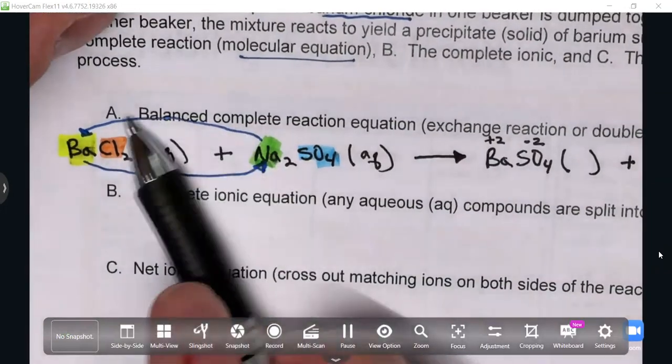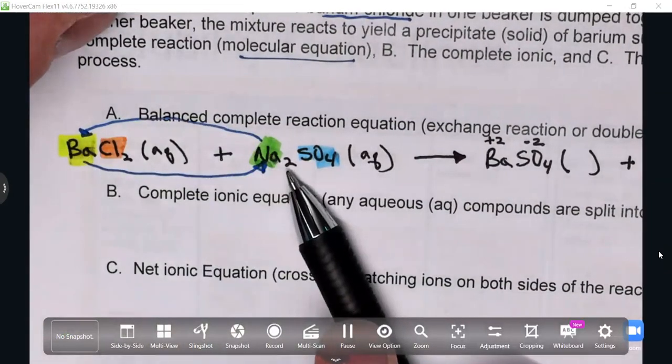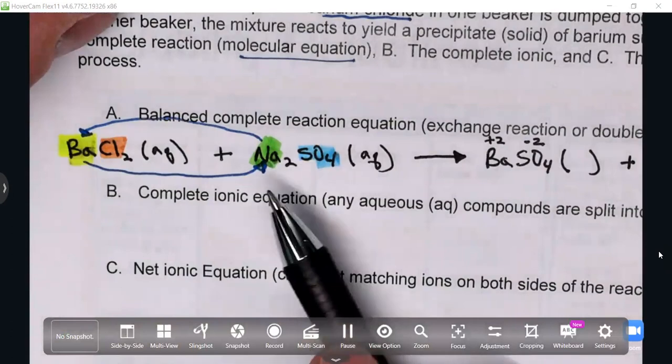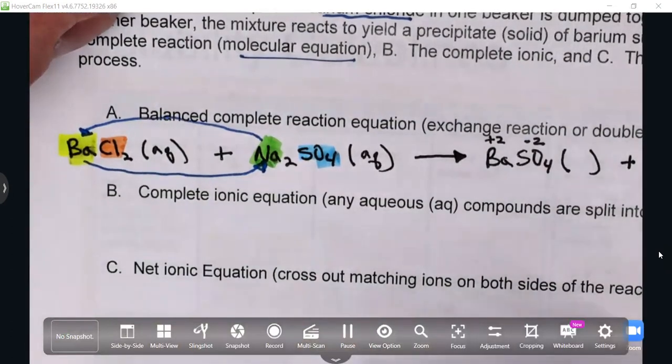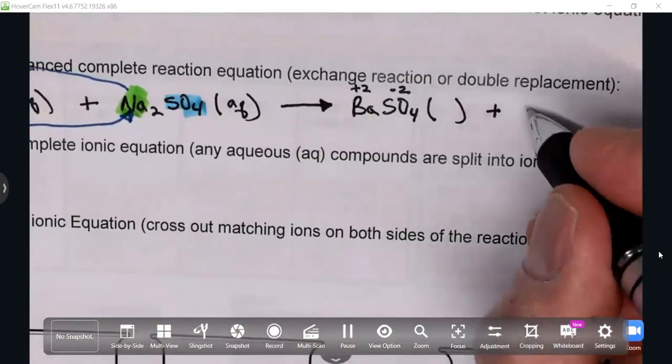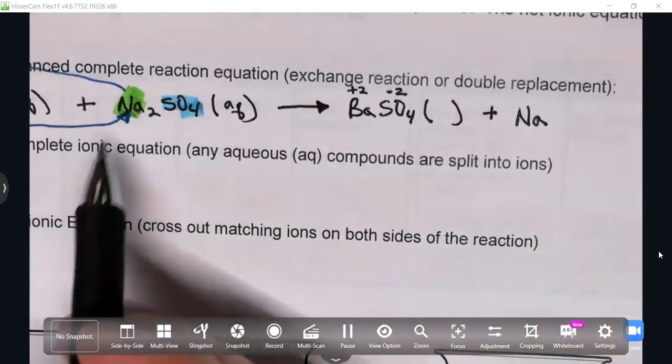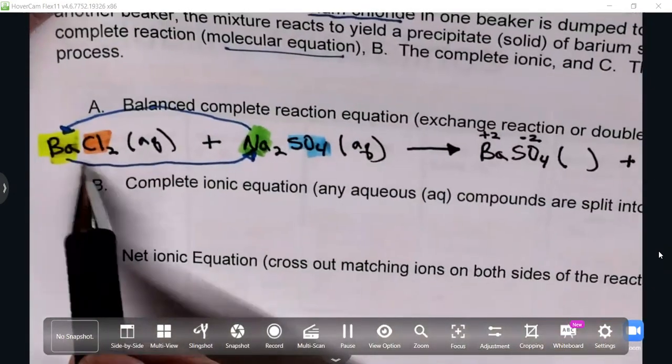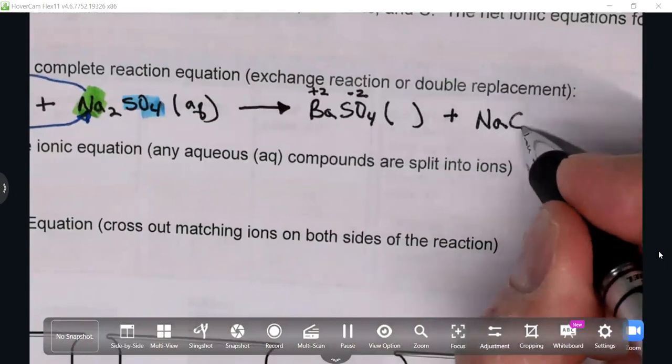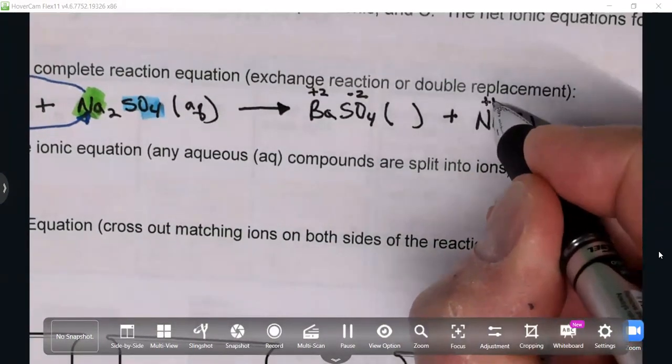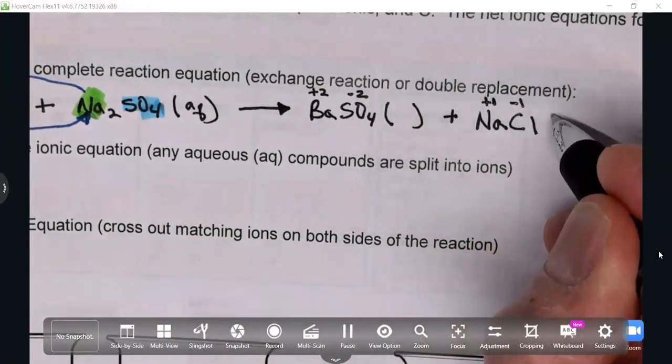My sodium is going to go with the barium. I am not bringing a 2 over. There's no such thing as an Na2 ion. It's a sodium. So over here, I get sodium with the chloride, Na plus, Cl minus.